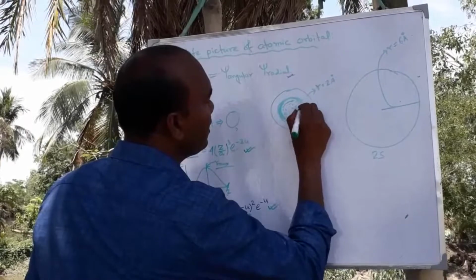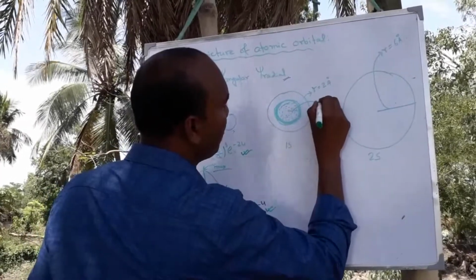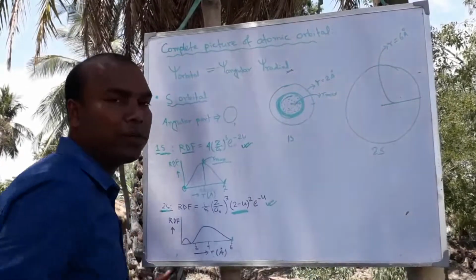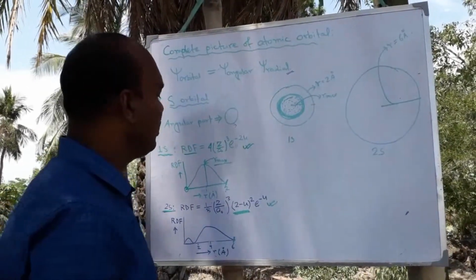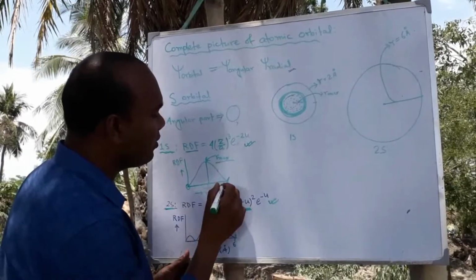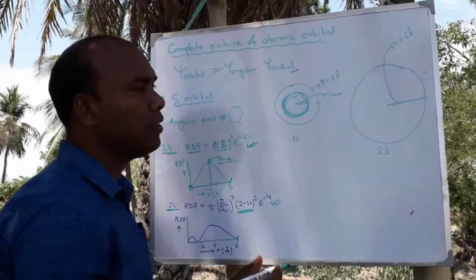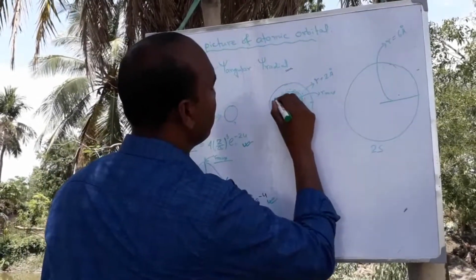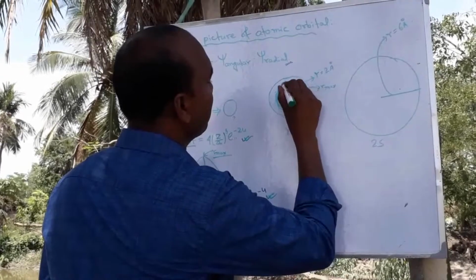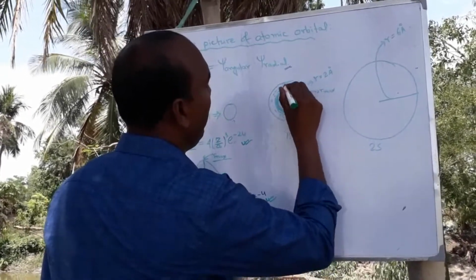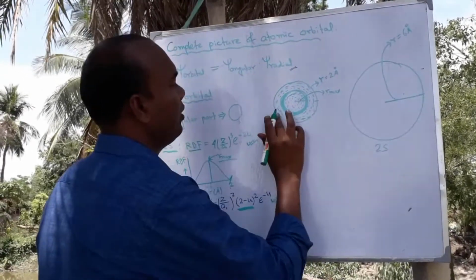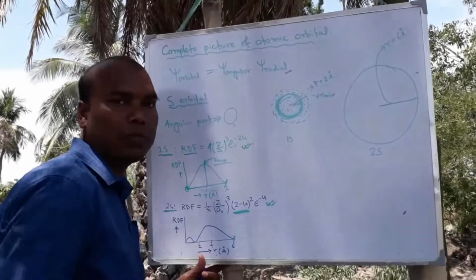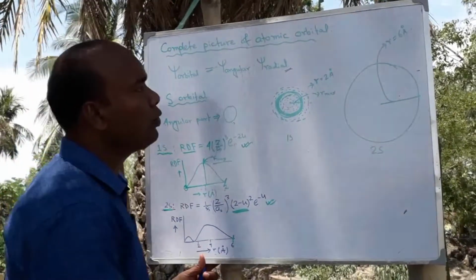From the nucleus, this is your Rmax, where electron cloud density is maximum. Then with increasing distance, electron cloud density decreases, and finally stops at that point. So this is your 1s orbital.